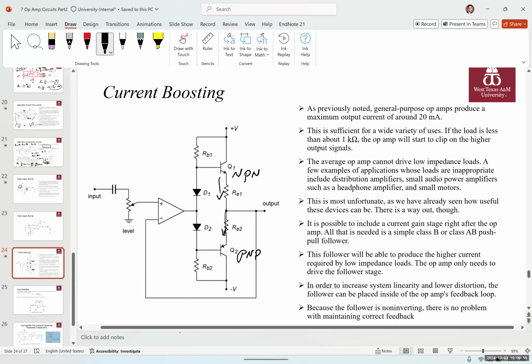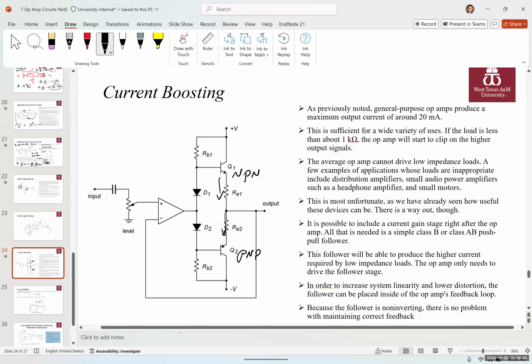And what this technically does is that you're cascading 2 amplifiers. One of them is an op amp, the other stage is the push-pull. We can build this with MOSFET transistors as well. And the good thing about this is it's basically like a switch, and you would have almost no limit on the output current.